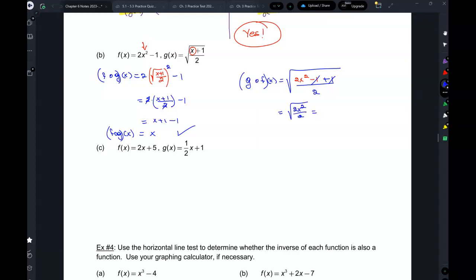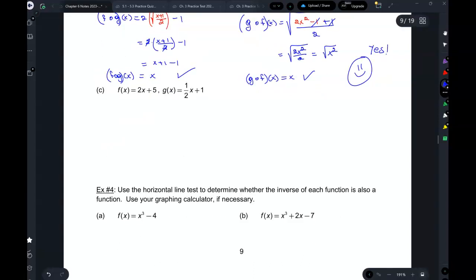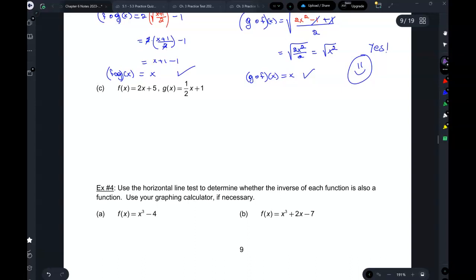Oh my gosh. This is the square root of x squared. So what's g of f of x? X, yes. So they are inverses, right? So don't let the complicatedness lead you astray.